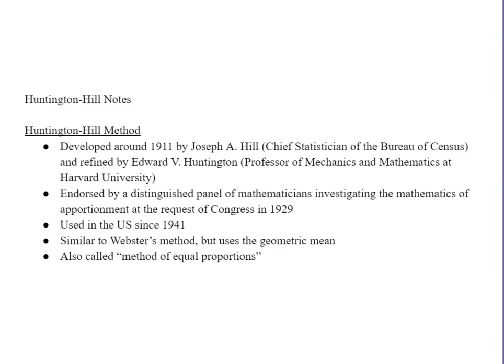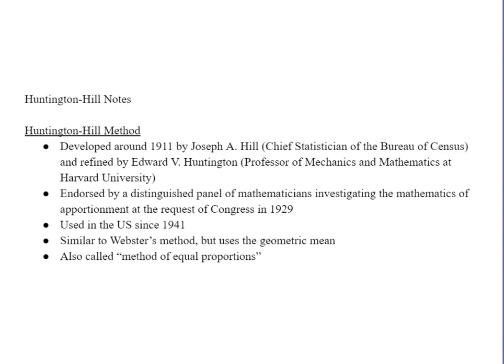Because of all the drama with apportionment, Congress established a panel of mathematicians and asked them to investigate the mathematics of apportionment back in 1929. And they decided that they liked the Huntington-Hill method the best.